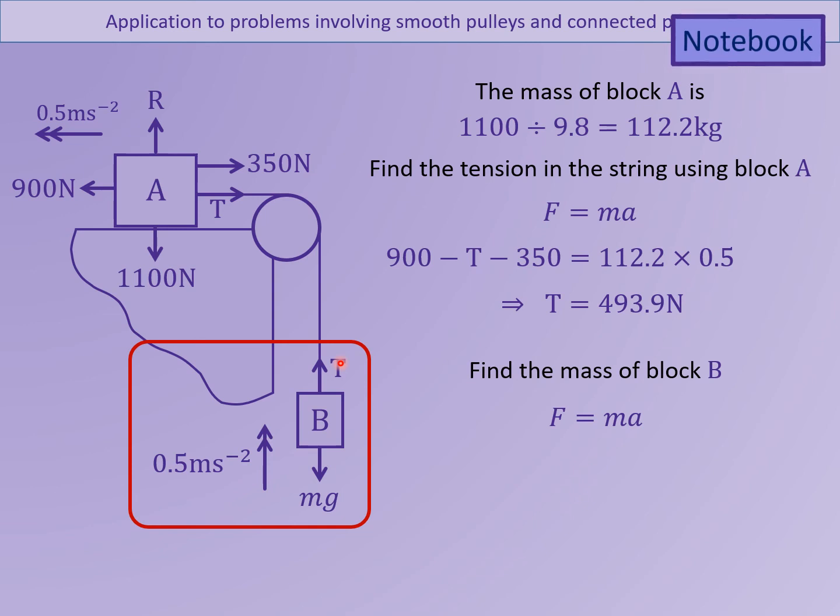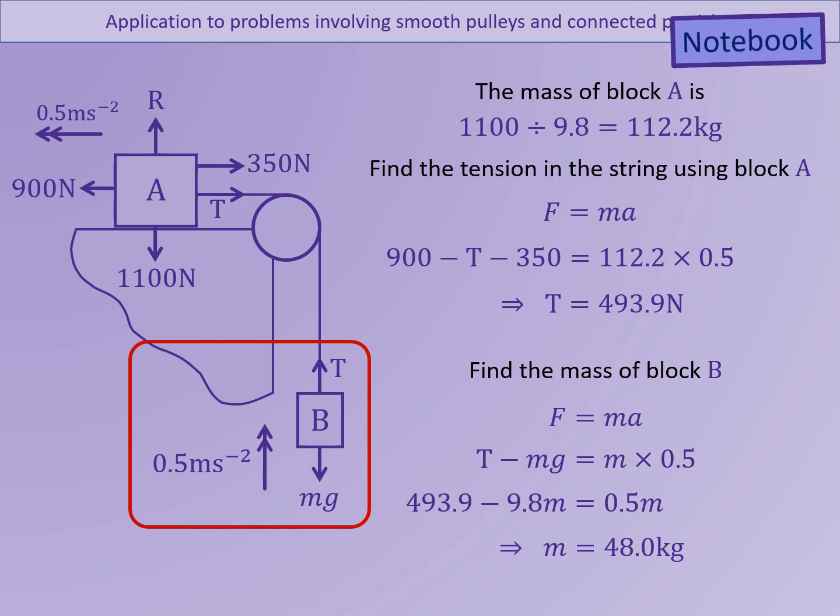So in this case, we will get T minus mg for F. So we have T minus mg equals, and then for ma, we don't know m, but we do know that a is 0.5. We found T in the first part of the question, so we can substitute that in. We also know that G is 9.8. If we rearrange this to give us an equation in terms of m, this gives us m is 48.0 kilograms. So this is the mass of block B.